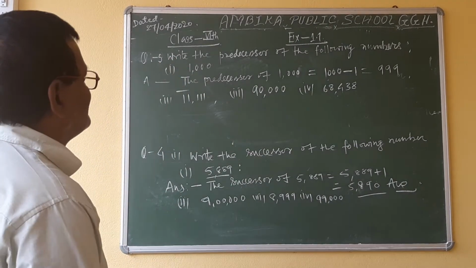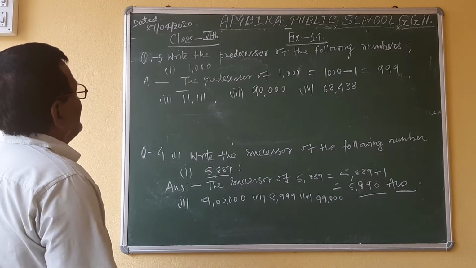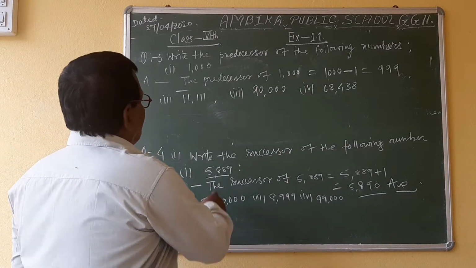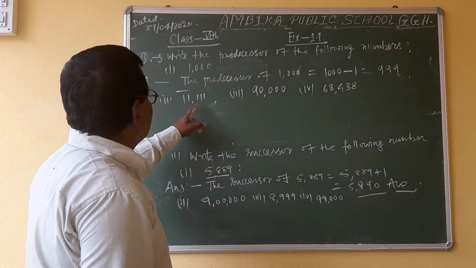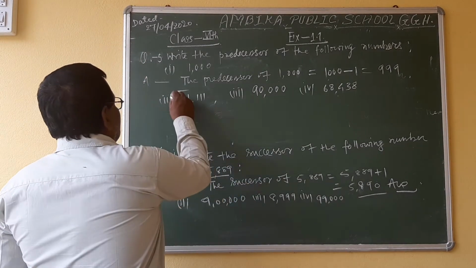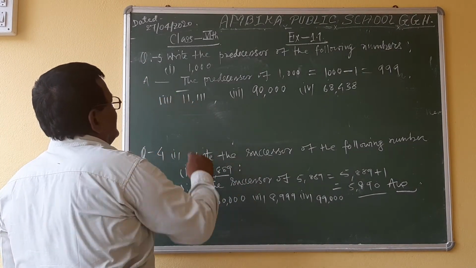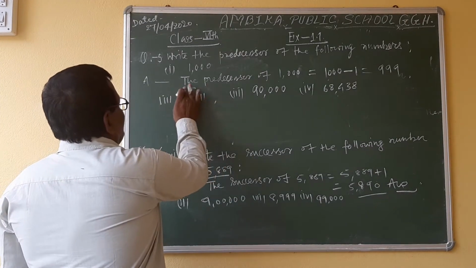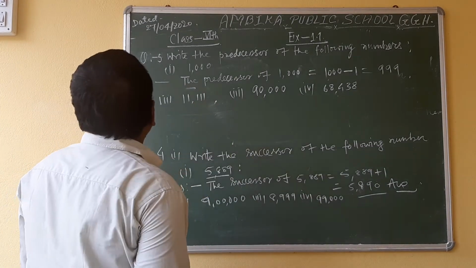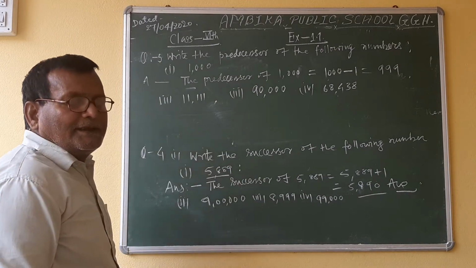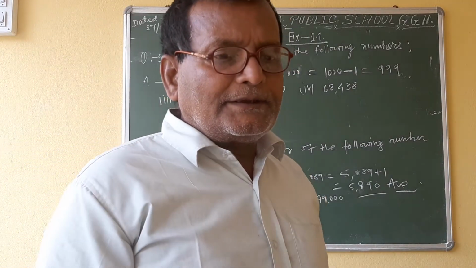You will solve it. You have to write the predecessor of the given numbers 2, 3, 4. This question is for you.